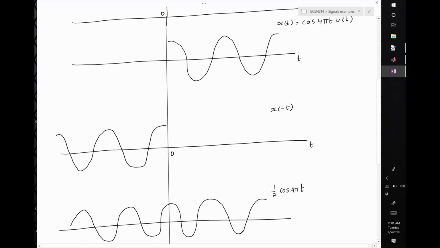So then you would get a signal like this, which would be the flipped version of x of t. To get the even part, you can add these two signals together and divide it by 2. Just to remind you, the even part of a signal is 1/2 times x of t plus x of negative t.